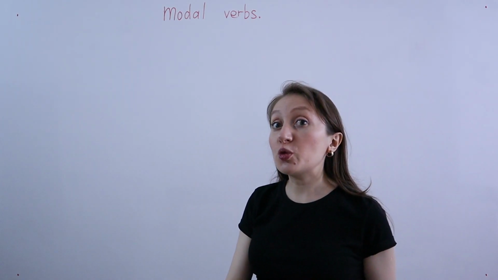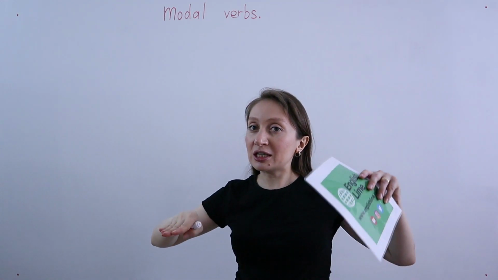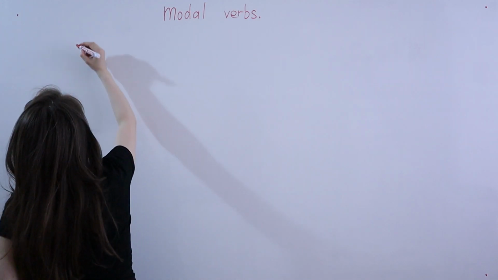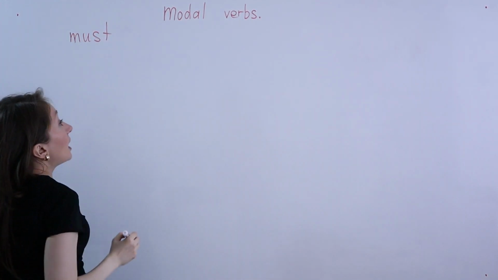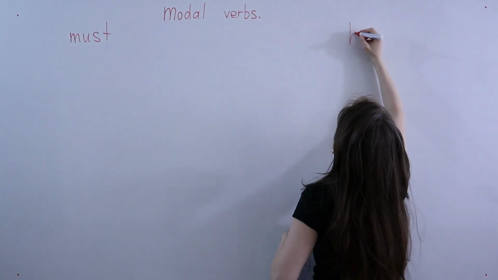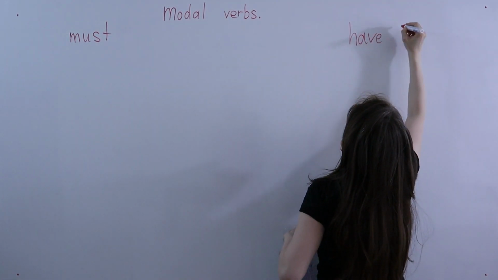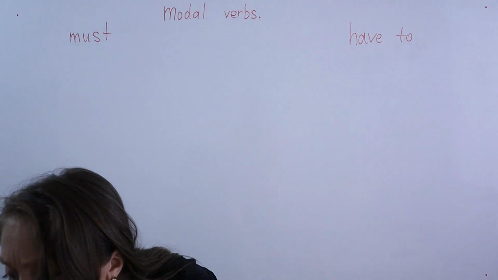So we will start with must and have to because I will compare them. So the first one is must. And number 2 will be have to. So what does it mean? These verbs must and have to.